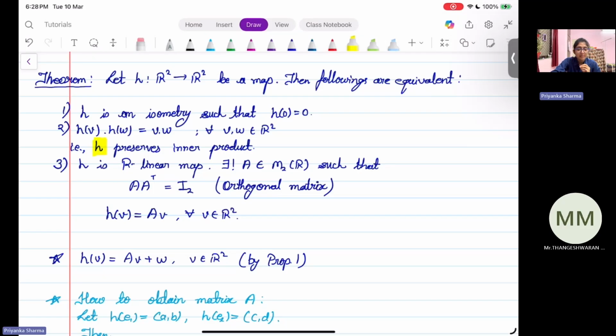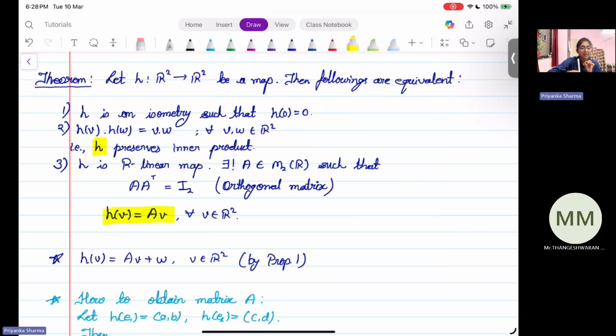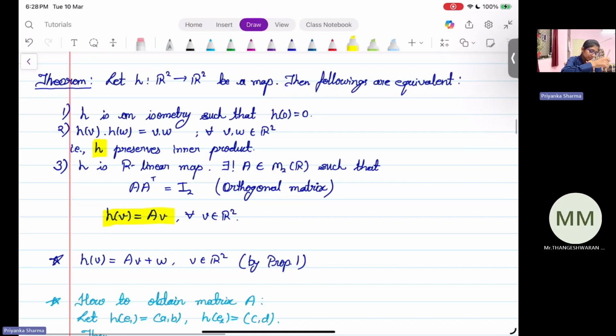That is, A is an orthonormal matrix. And H(V) can be written as AV. That is H(V), the image of V under the map H, will be the same as the multiplication of V by A from the left side.